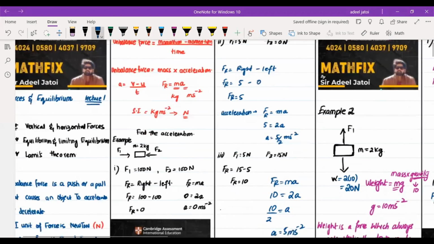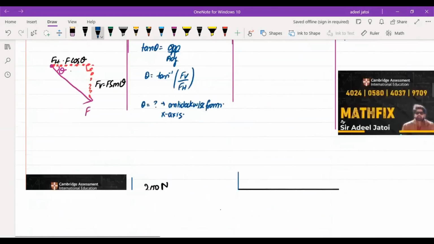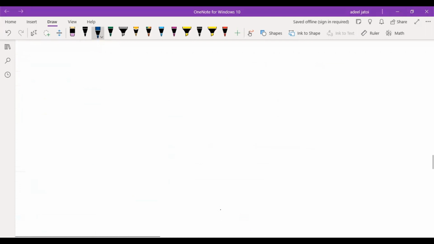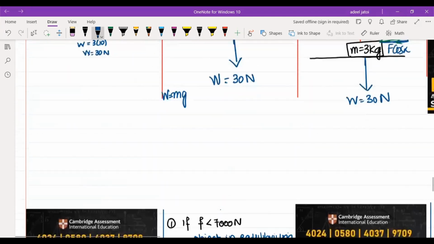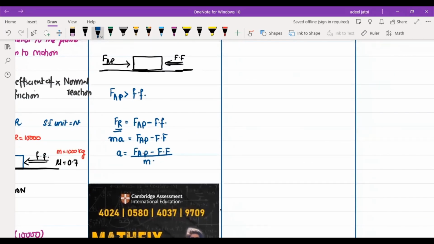So even today, your resultant force, your unbalanced force, was mass into acceleration. Today, in lecture number 6, since we are doing frictional force, you should agree on one point: if the applied force is greater than the frictional force, then applied force minus frictional force will be the resultant force. And the resultant force is basically MA, right? So to find the acceleration, A is the applied force minus the frictional force, divided by M.